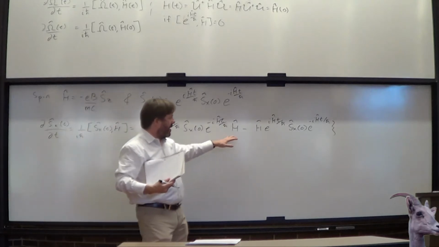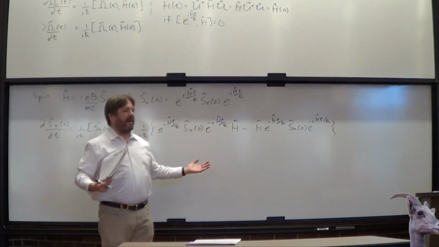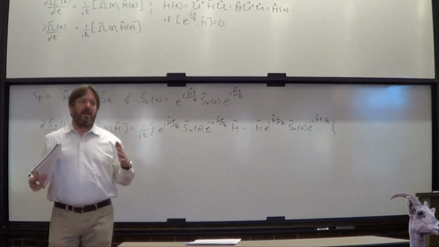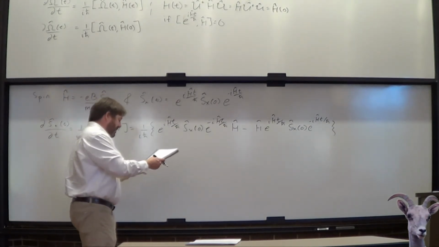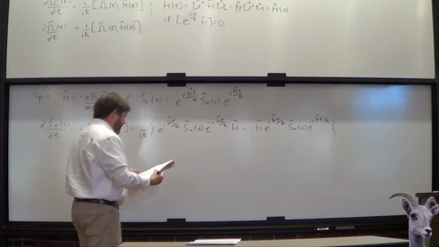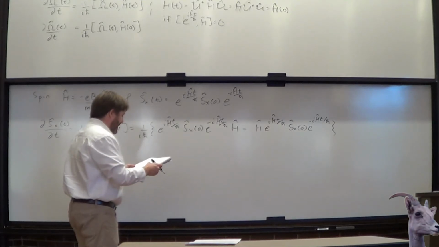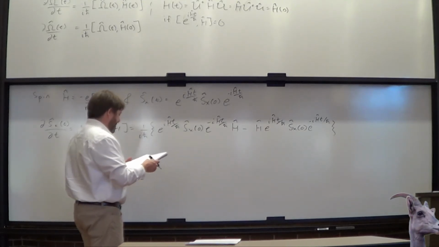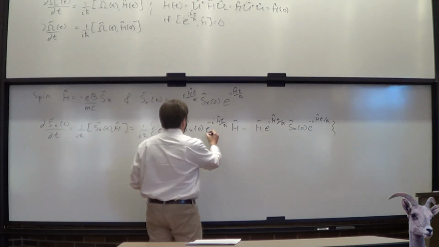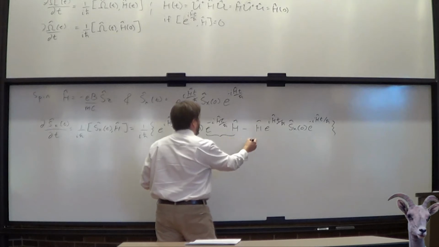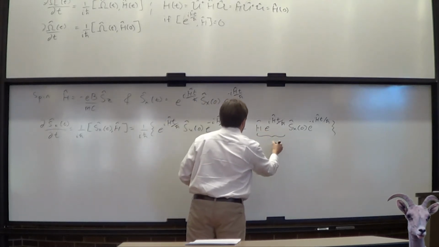As it stands right now, this is what it is, and we'll figure out how to deal with it. Or if we're lucky, maybe there's some rearrangement we can do. And guess what? There's some rearrangement we can do, and that is, here and here, they commute.